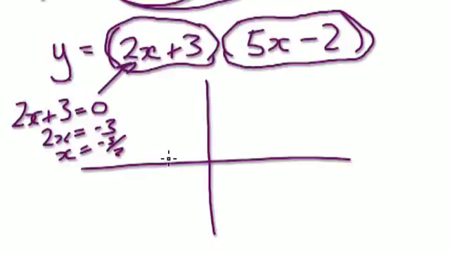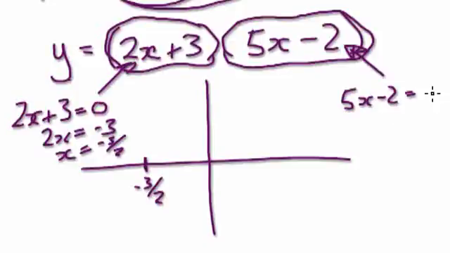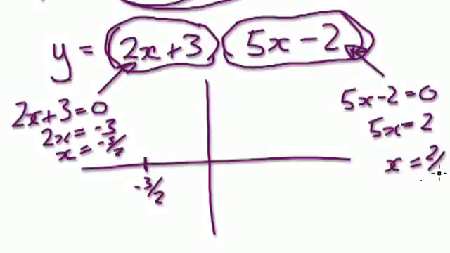So one root will be negative 3 over 2. The other root is in making 5x minus 2 equals 0. Add 2 to both sides, and then divide both sides by 5. So it will be 2 over 5. I'm going to guess it to be around here, positive 2 over 5.